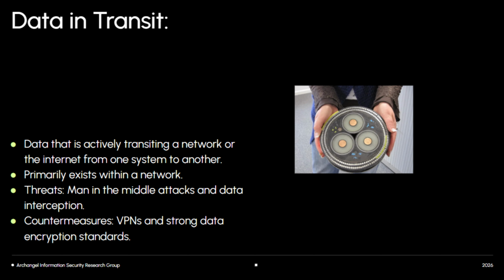One of the most well-known threats to data in transit is the man-in-the-middle attack, where an attacker positions themselves between two communicating systems to capture or alter information without either party knowing. Data interception can lead to credential theft, financial fraud, and unauthorized disclosure of sensitive information.